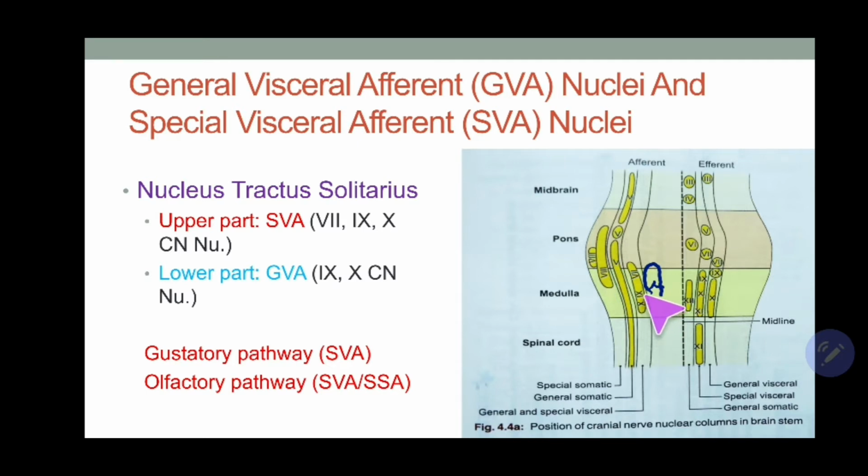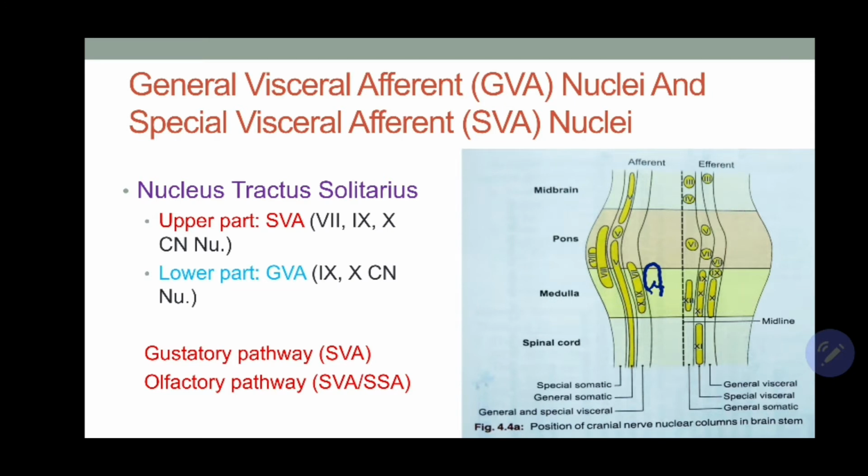So the vagus taste sensations will reach here in the lower portion of the upper segment of the nucleus tractus solitarius. Got it?